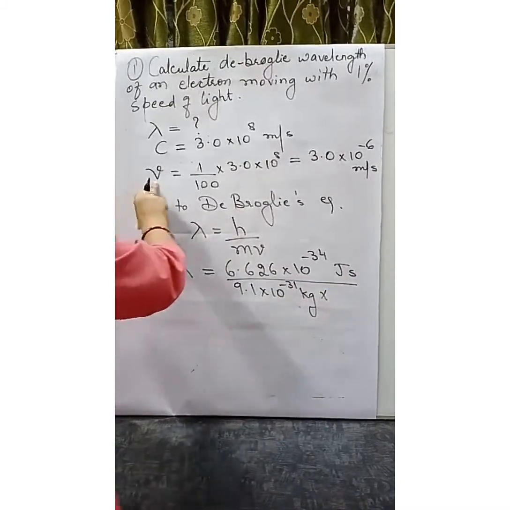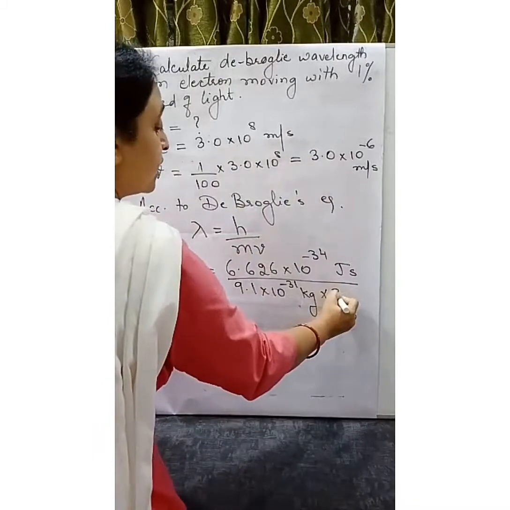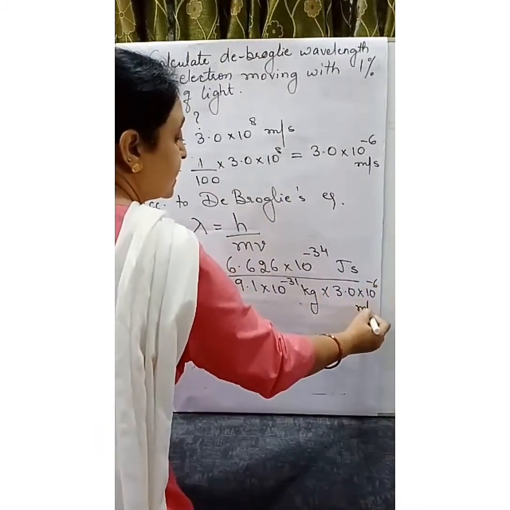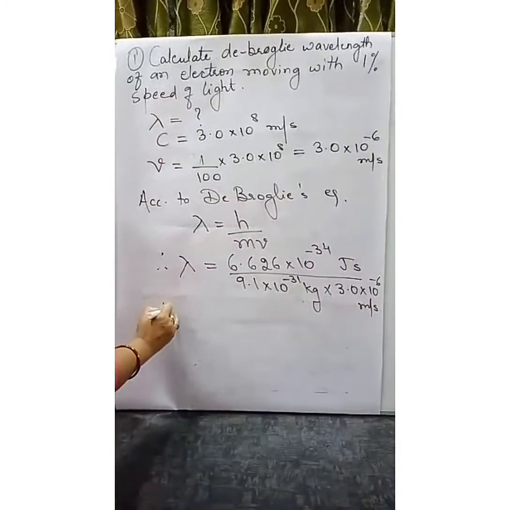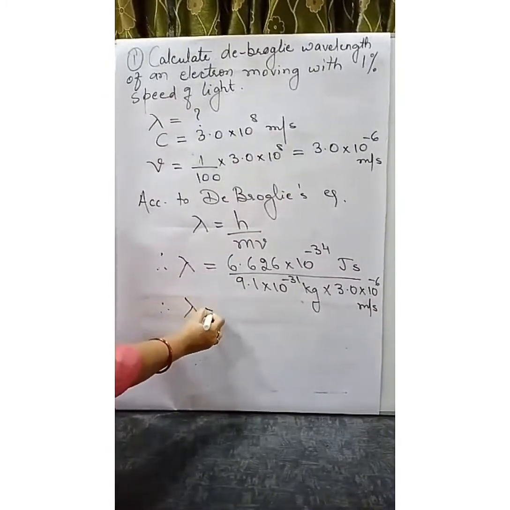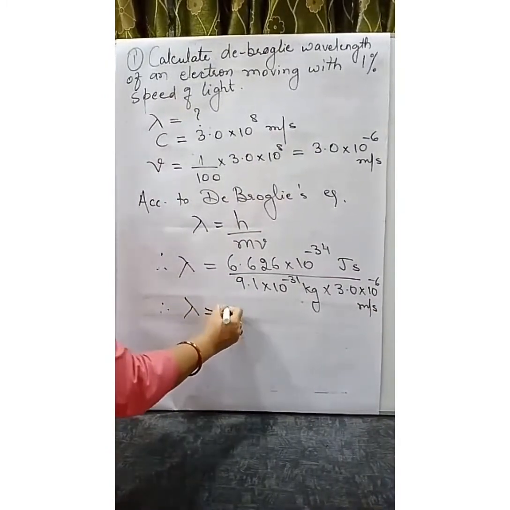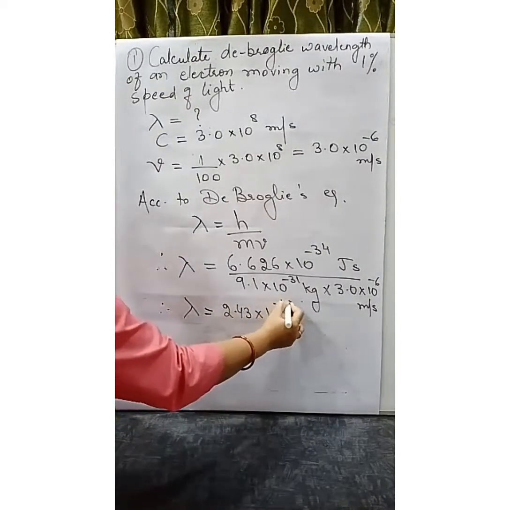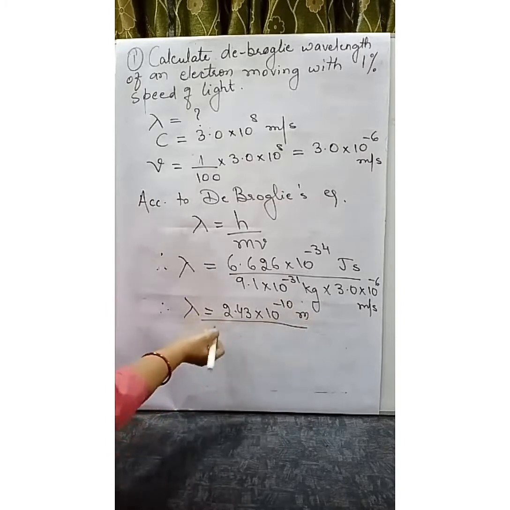The 1% velocity we have calculated, 3.0 into 10 to the power 6 meter per second. When you solve this, you are going to get your answer as 2.43 into 10 to the power minus 10 meters.